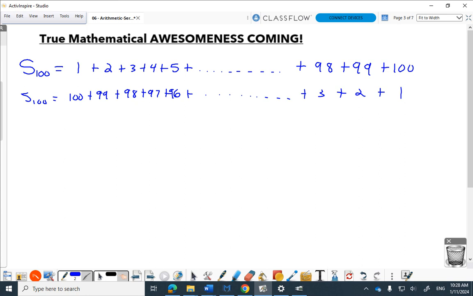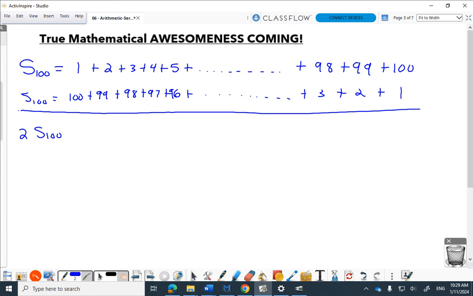He drew a line under them and said, let's add them up. Let's add the two series together. So now I'll have two of them. There'll be two of those sums. Whatever answer I get, it's going to be double. But I know how to deal with double. That's not going to be a problem.